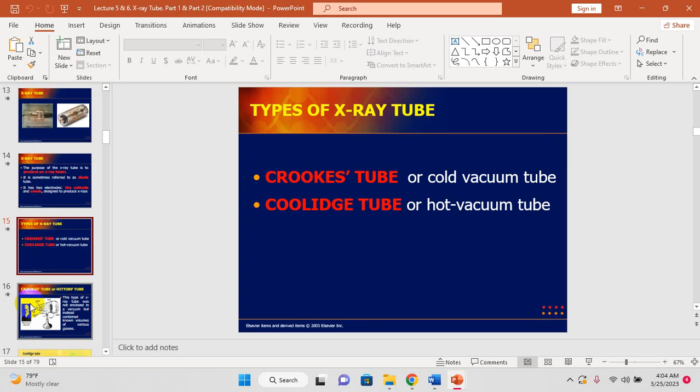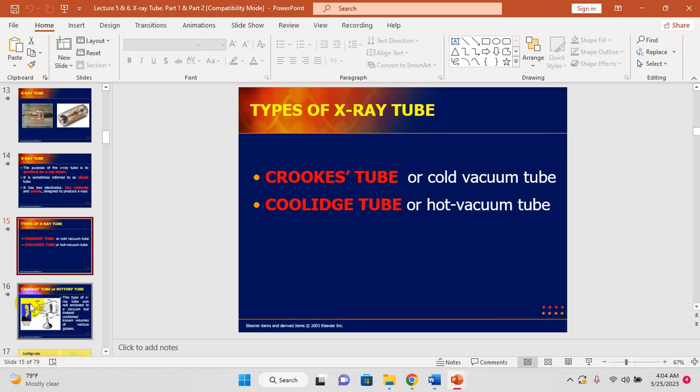Kaya siya tinatawag na cold vacuum tube. It is because it's not at all vacuum. Marami pang nakakapasok na air. Kaya siya cold vacuum tube. And because of it, maraming air na pumapasok sa tube, the X-ray production is not that efficient.